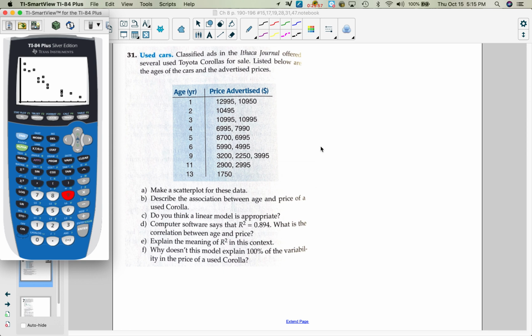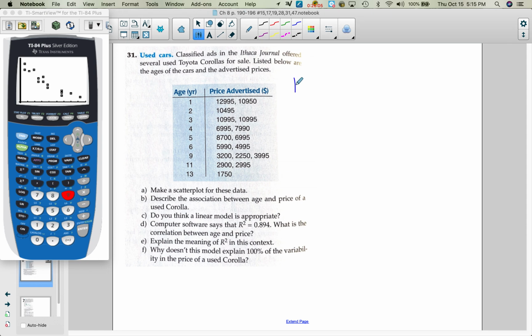All right, so here's my scatter plot. Part B says, describe the association between age and price of a used Corolla. So you're going to say something like, it looks fairly strong.